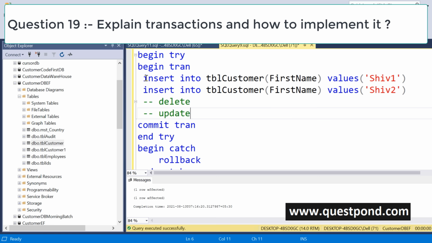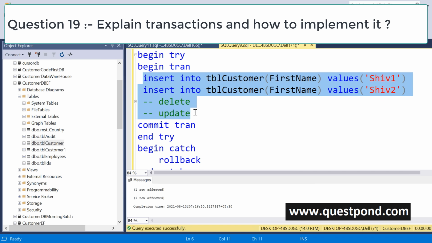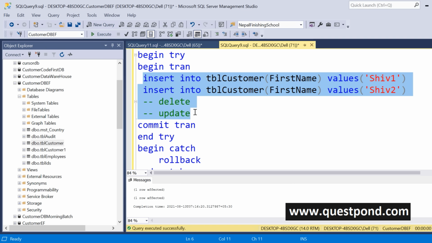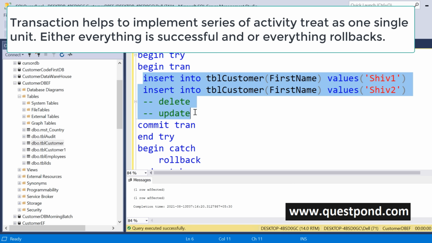So you can see here we have a series of activities happening: 2 inserts, 1 delete, maybe 1 update. All of these will be treated as one single unit. One single unit means either all of these activities will commit or all of them will roll back. In other words, either all of them are successful, or if any one of them is not successful, then everything will get rolled back, right?